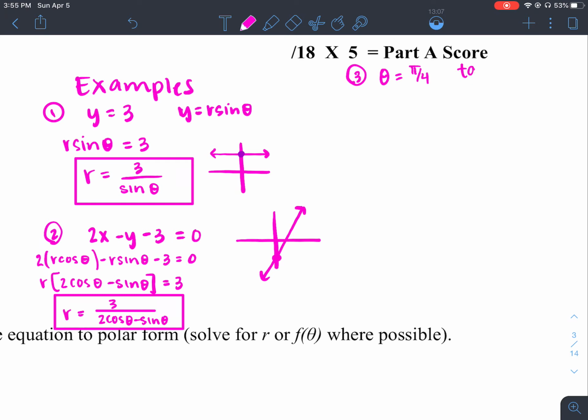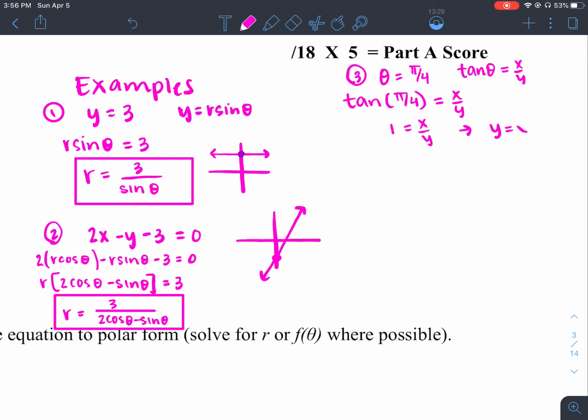What I want to use instead is the one that says tangent theta has to equal x over y. So what I can say is, well, tangent pi over 4 has to equal x over y. But tangent of pi over 4 is just 1, so 1 has to equal x over y.